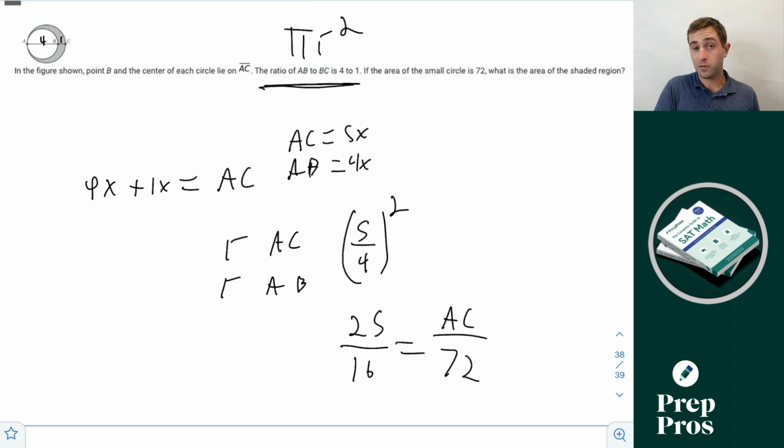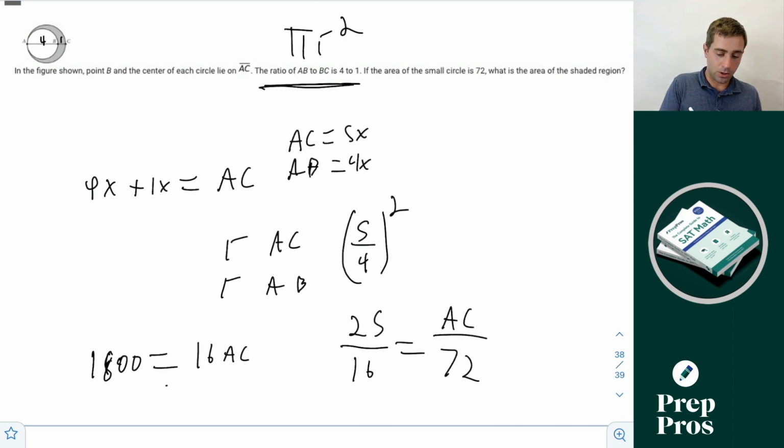So we can solve for the area of circle AC by using this. So we'll do 25 times 72. So that's going to give us that 1800 is equal to 16 AC. Then we can divide 1800 by 16, and this will give us the area of the circle.